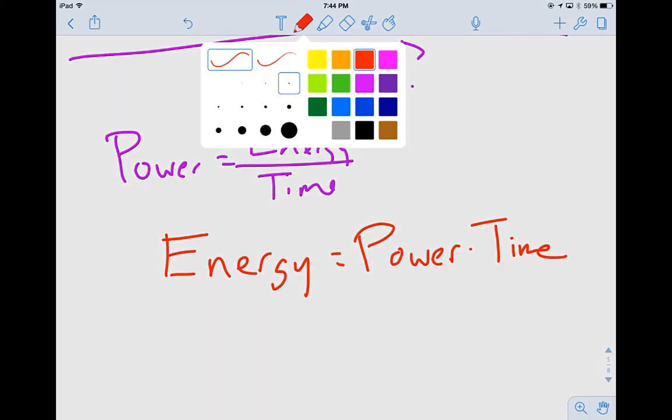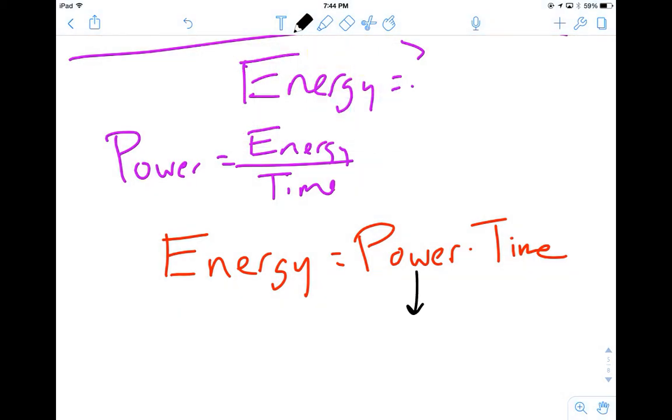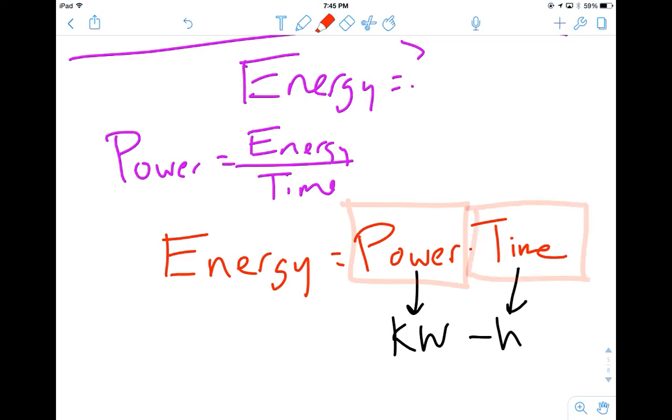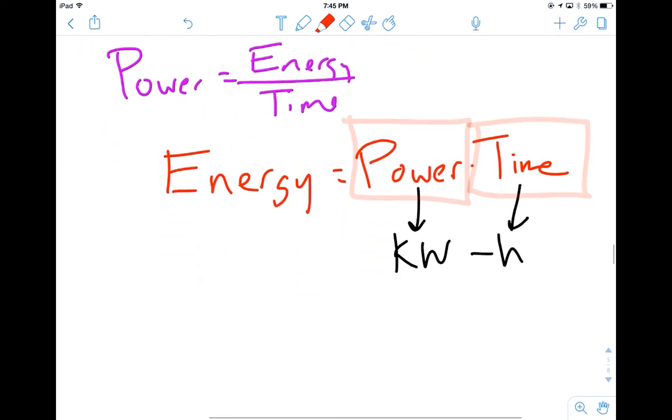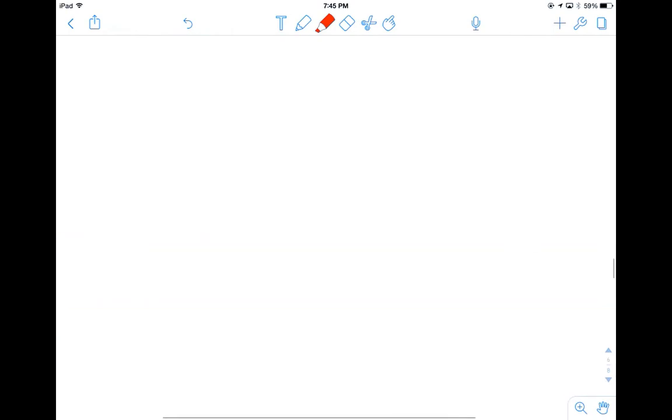When we talk about power, we talk about kilowatts, and for time, we talk about hours. So that's what we buy. We buy kilowatt hours by looking at our power rating. Think of a 60-watt light bulb being used for 2 hours of time. So that's an equation you definitely want to write down: energy equals power times time.